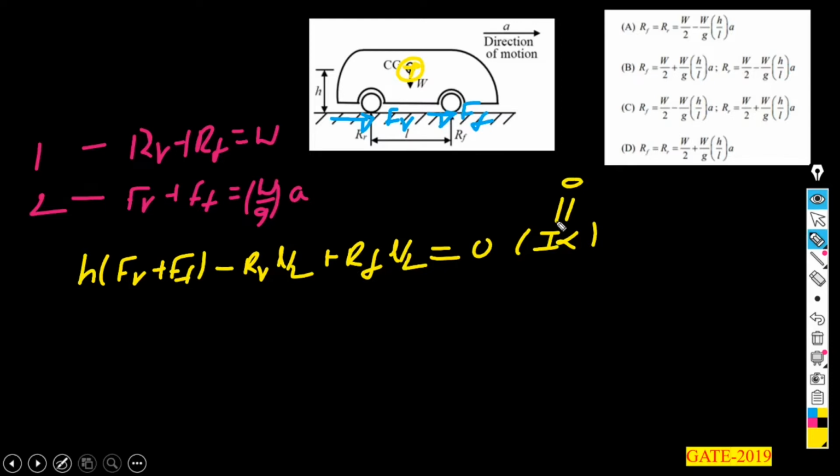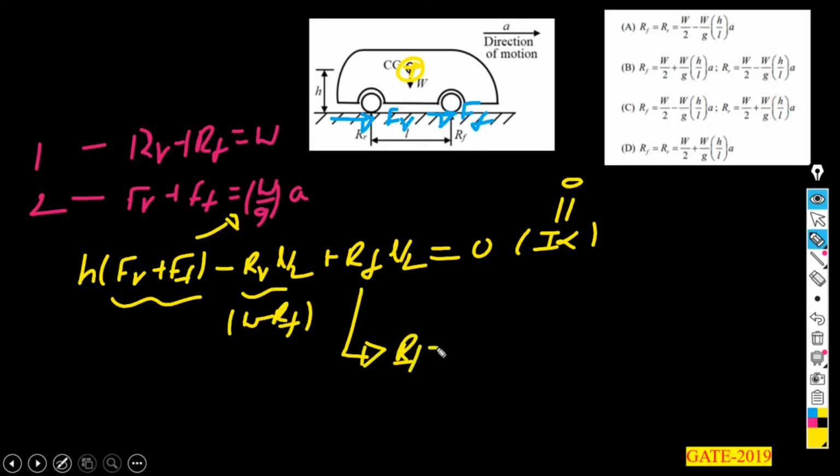Let me substitute Fr plus Ff equal to W by g into a, and Rr equal to W minus Rf in equation number 3. Then I will get Rf equal to W by 2 minus W by g into h by L into a. According to Newton-Euler's also, I will get option C as my right answer.